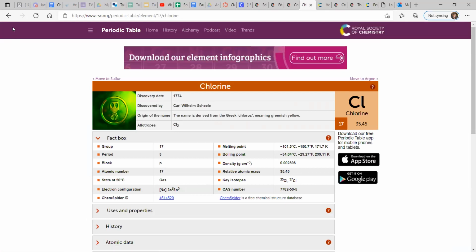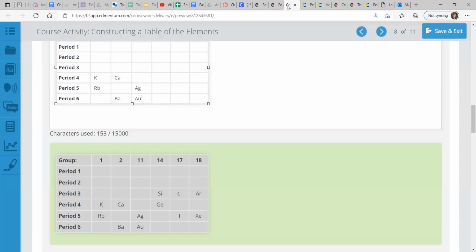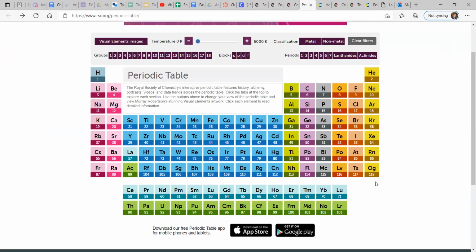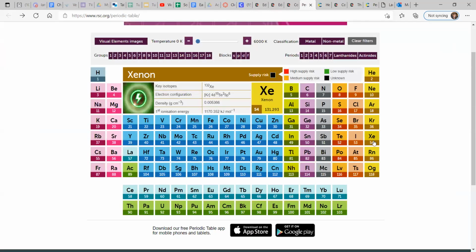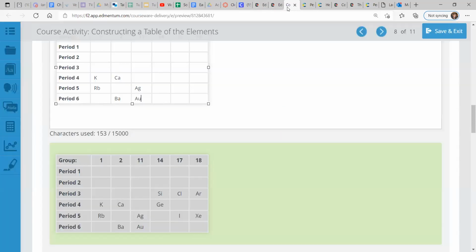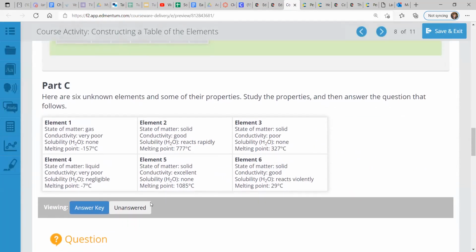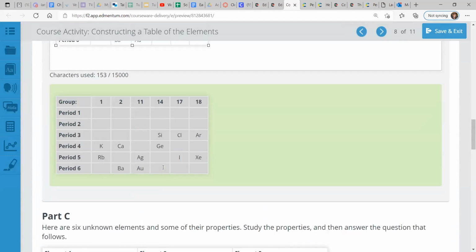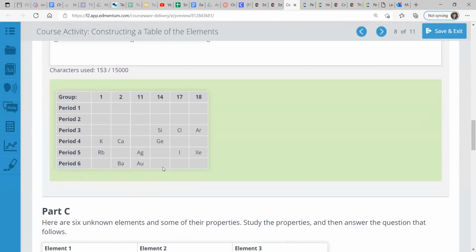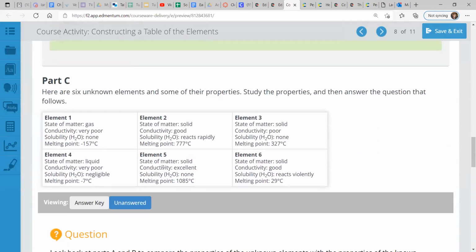We had some bromine. No, actually we did not. We just had chlorine and iodine. And then we had argon and xenon. Xenon as well. So I'll let you have one last look at that. And then we'll move on to part C.